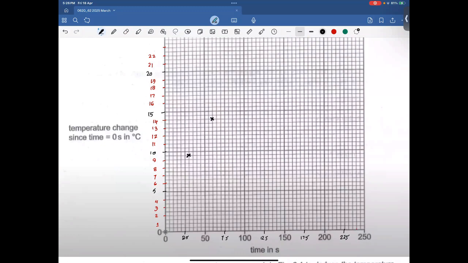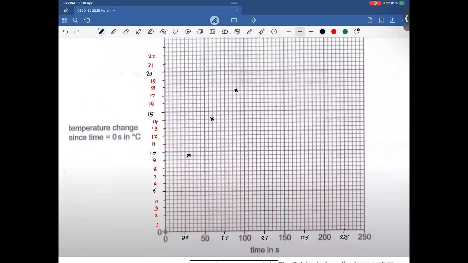Okay. Then at 90, 17.5. 90, 17 and then 17.5.